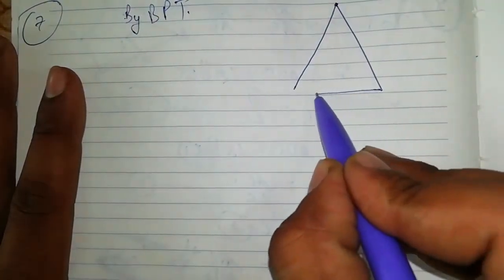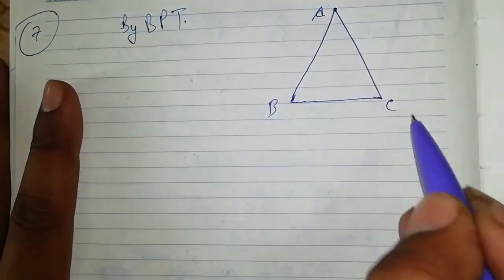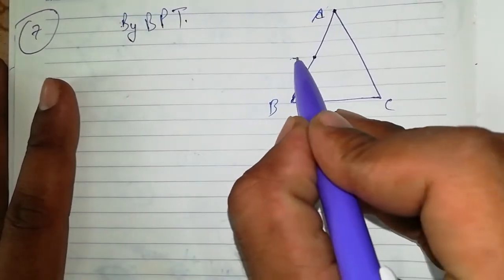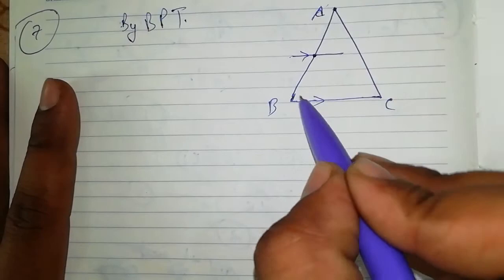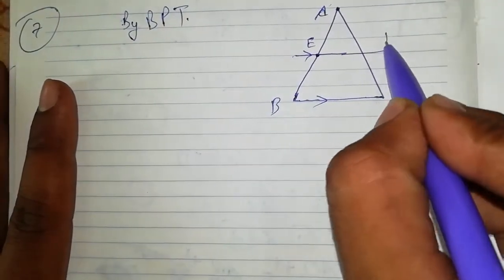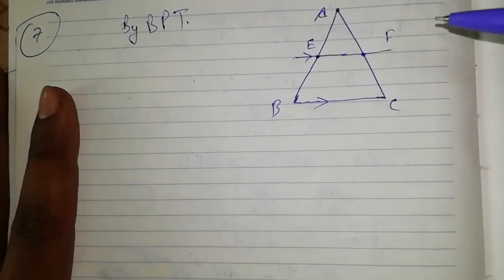We have a triangle, this is A, this is B, and this is C. This line is bisecting here, and it is parallel to BC. Name this line E F.